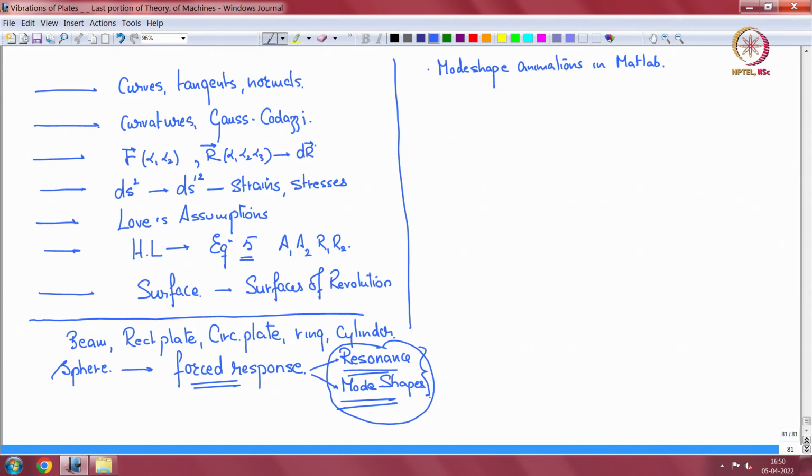So now along these lines, the first system that we are going to look at is the Euler-Bernoulli beam. It is a one-dimensional structure.